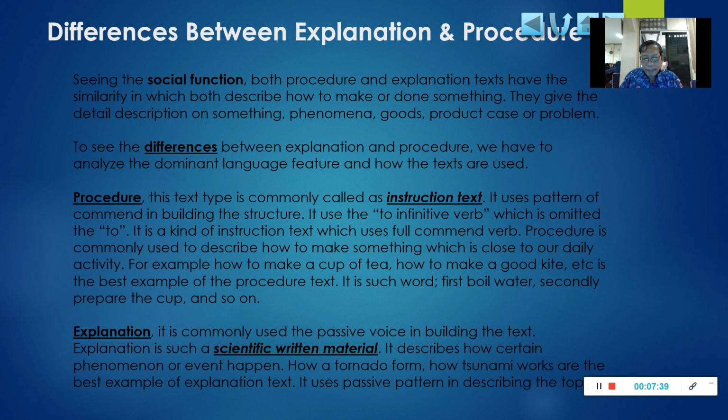It uses passive pattern in describing the topics. So that is about the differences between explanation and procedure text, which are mostly similar, but the differences have already been told to you just now. Then you can read again the writing about the differences between procedure and explanation text.